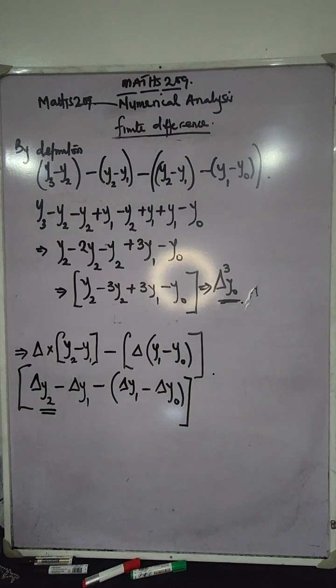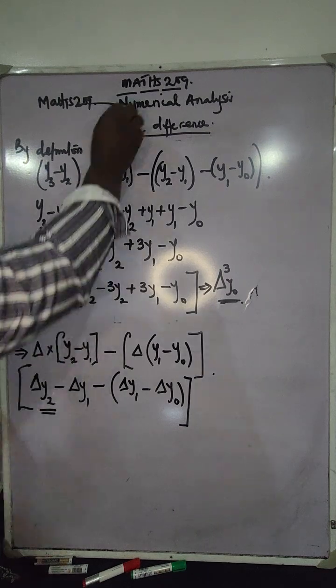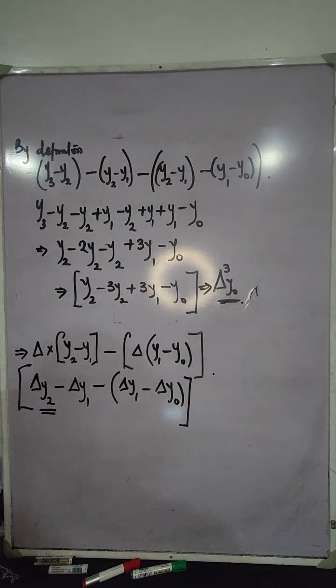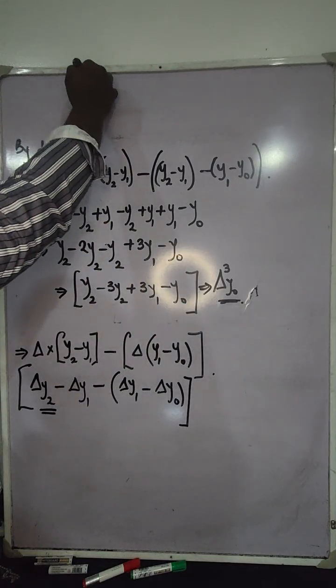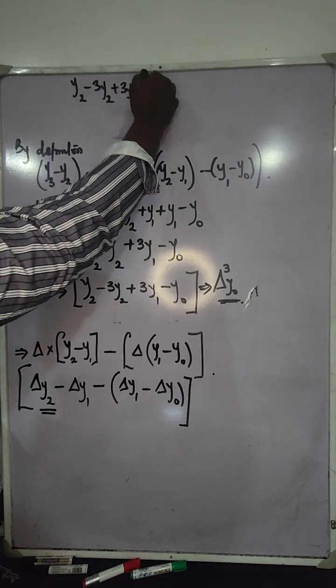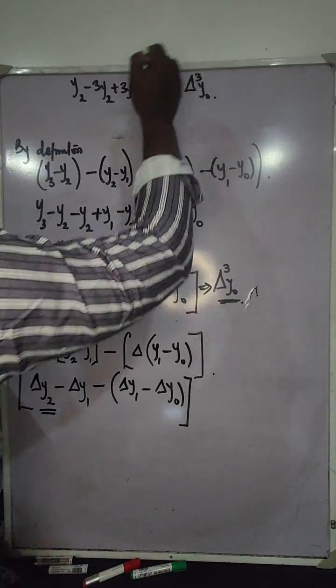And so over the years, we've been able to solve problems like this using another approach. We call that approach the Pascal triangle approach. So let's take note of that. Let's observe this particular function. We said y3 minus 3y2 plus 3y1 minus y0 is called the forward difference cubed of y0.